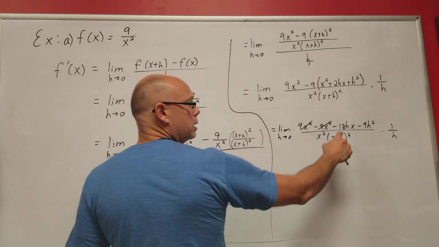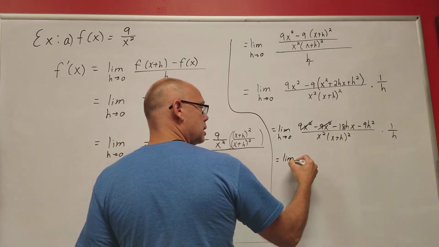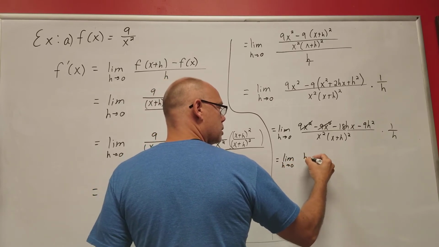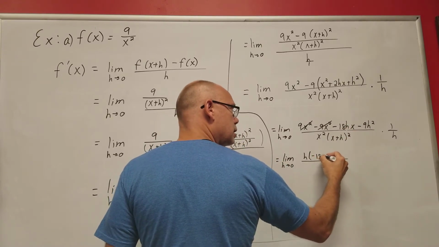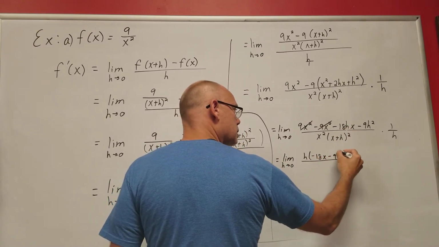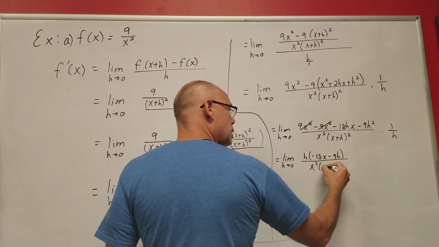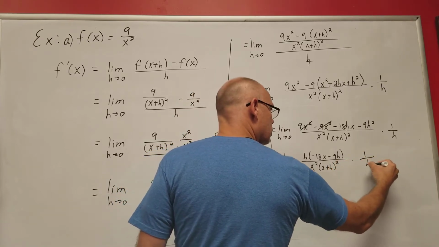Now up top, these two terms, you can factor h out of them. So I'm going to write this as the limit as h approaches 0 of, let me factor h out of the top, I'm left with negative 18x minus 9h over x squared times x plus h quantity squared times 1 over h.